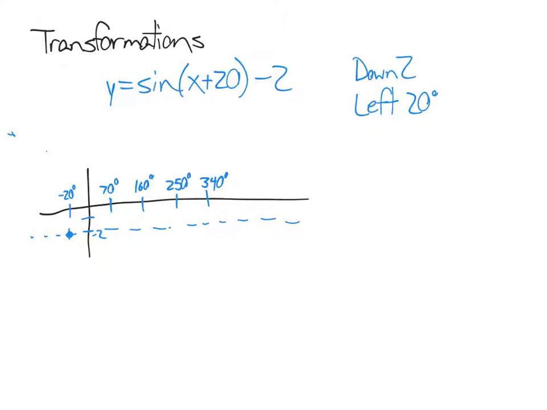Oh wait, shoot. I went too high. The top would only be at negative 1. Middle. The bottom's at negative 3. And then back to the middle. There we go, that looks better.